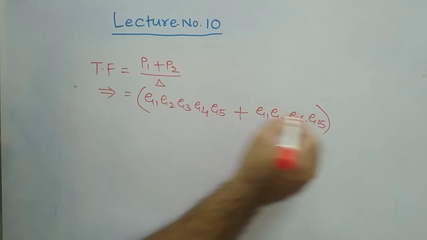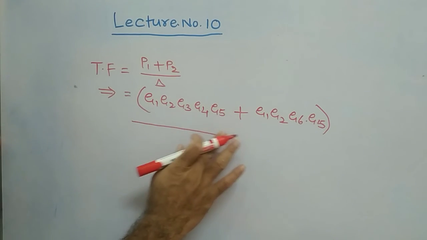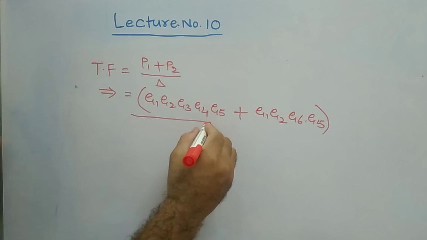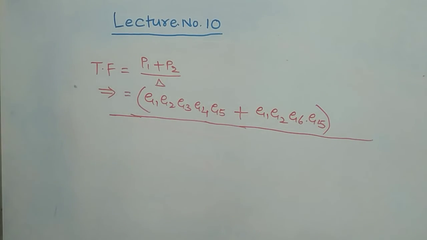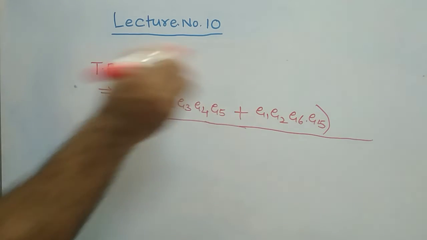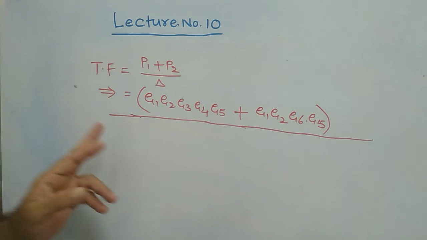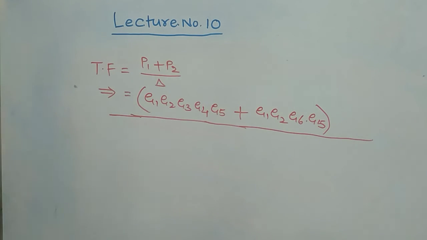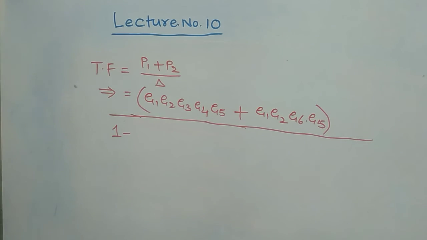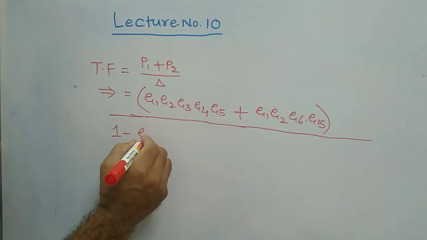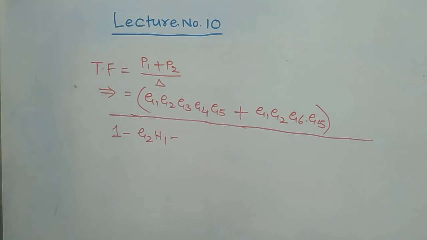Put it in a bracket and divide by delta. Actually, as I explained in the previous step, it is 1 minus, if you expand that, 1 minus G2H1, which is nothing but your L1, is it not?